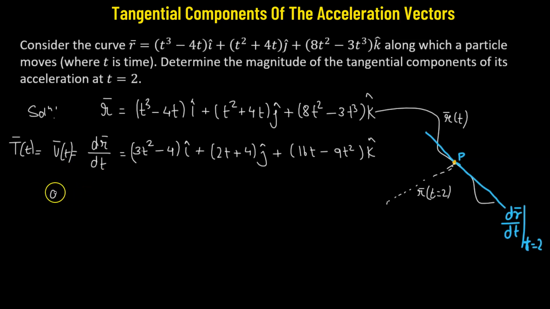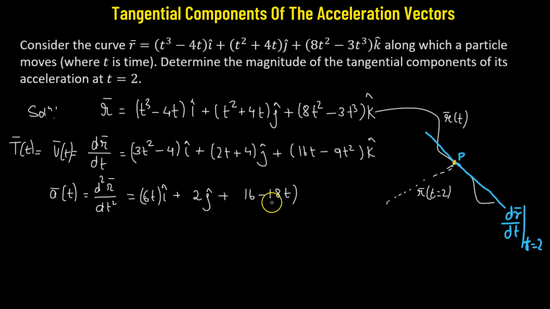And if we take its derivative again with respect to time t, this gives us the acceleration. That means we are taking the derivative of dr over dt with respect to time t, so we get the second derivative. This is simply taking the derivative of each of the components of the velocity vector. So we will have 6t i cap plus 2 j cap plus (16 minus 18t) k cap.